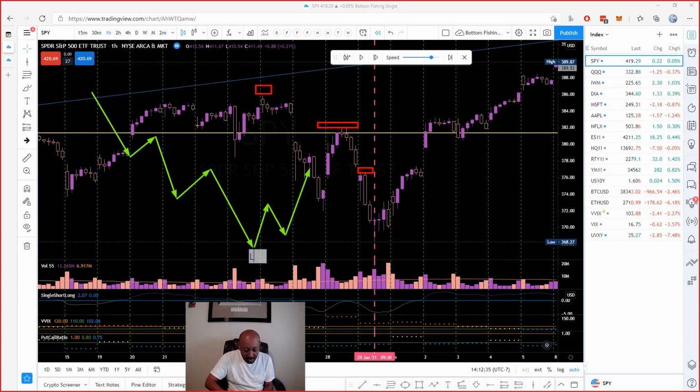So you have a low here, you have a higher low here, and you have a higher high here. Why do you have this higher high? Because you break this high. So as soon as you have a higher low and a higher high, your structure is broken.